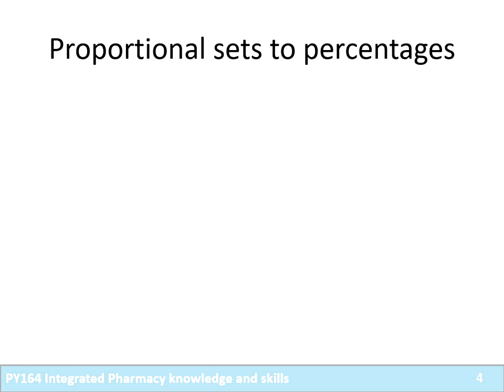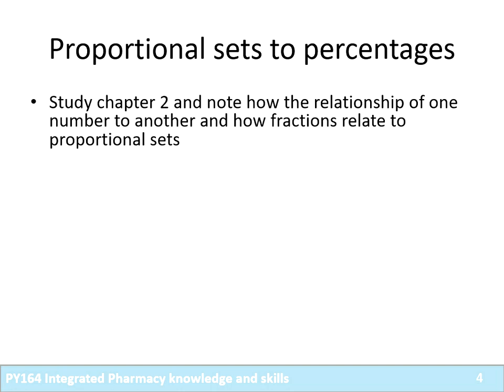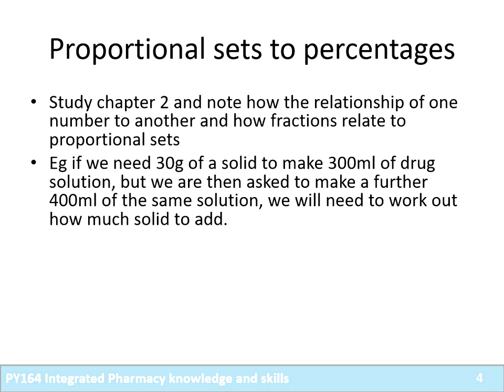Okay, so if we now think about how proportional sets relate to percentages, in chapter 2 it shows you how the relationship of one number to another relates to proportional sets and to percentages. So, for example, if we needed, say, in 300 ml of a drug solution, we needed 30 grams of a solid to make our solution.